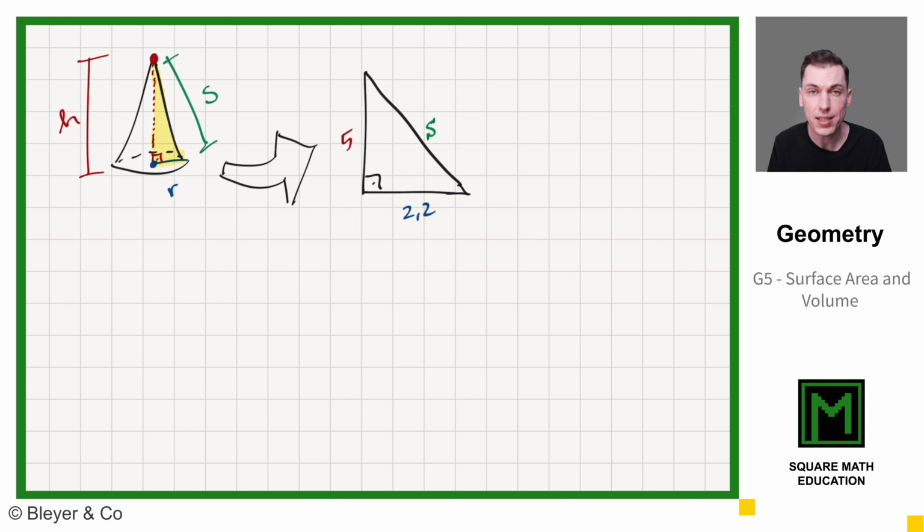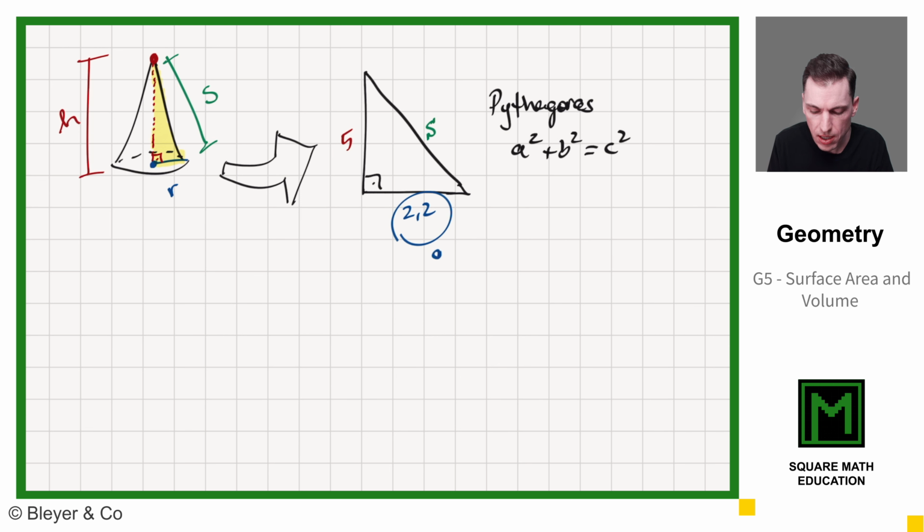If you remember Pythagoras, a squared plus b squared equals c squared is what we're going to be using. So the Pythagorean formula is a squared plus b squared equals c squared. a is going to be 2.2, b is going to be 5, and c, the hypotenuse, is going to be my slant height.